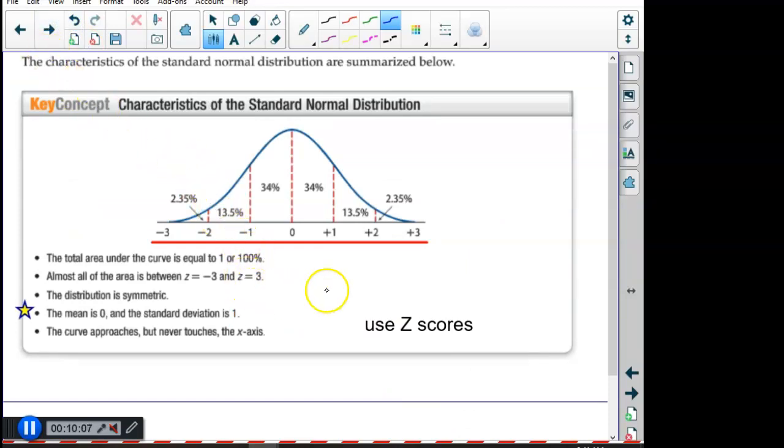All right, so characteristics, again, one standard deviation or one z-score above, two z-scores above, and so on. So almost all of the data is between 3 standard deviations above and below or 3 z-scores.